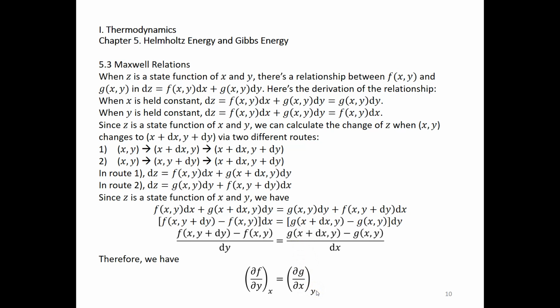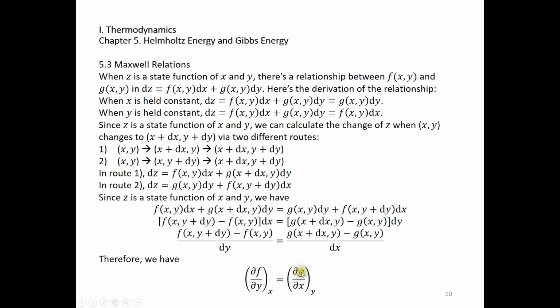Now we see the relationship between f and g. So delta f over delta y should be equal to delta g over delta x. And also pay attention to these two subscripts. When we take the first derivative of f with respect to y, you need to hold x constant.